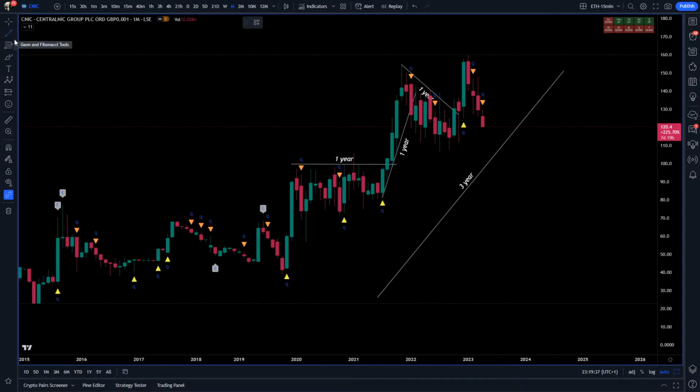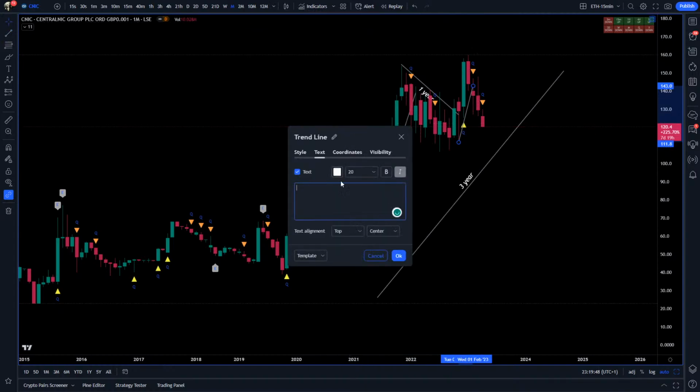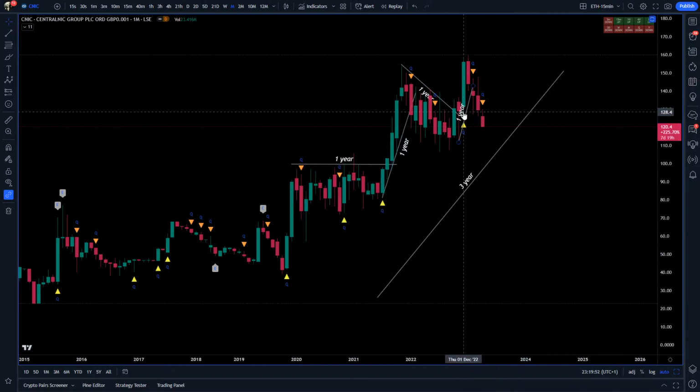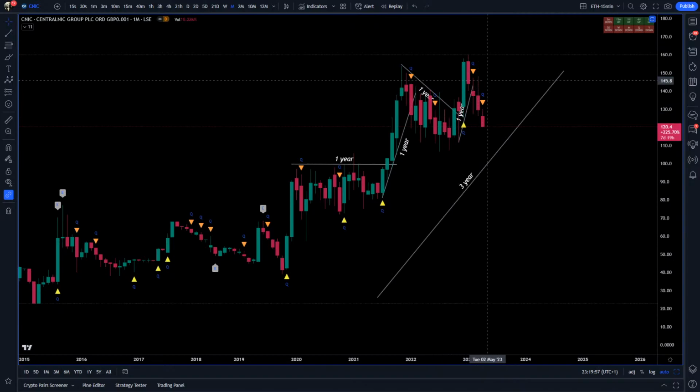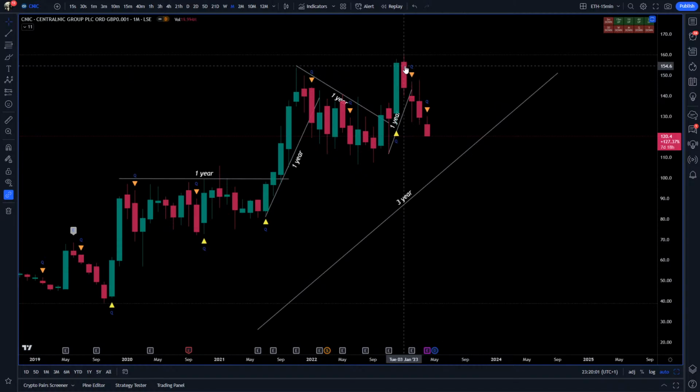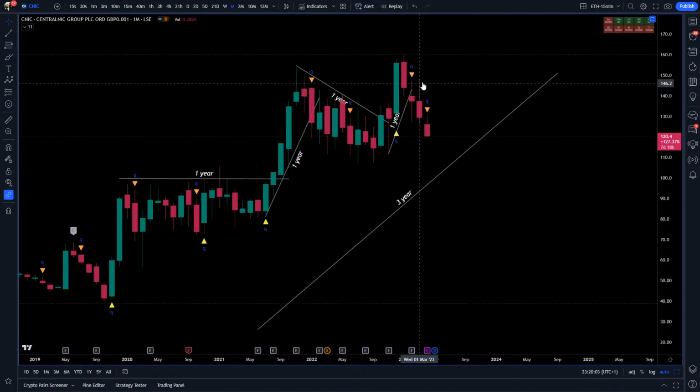One possibility is that, similar to the previous 1-year market, this 1-year market could be over, and with the 1-year market over, that means a reversal, which is signified by the quarterly coming down once, going up, and coming down twice.